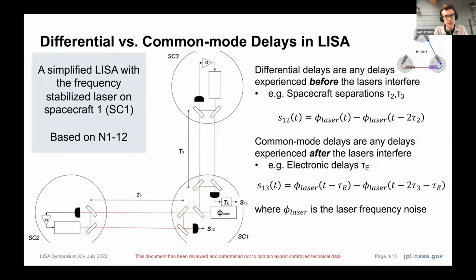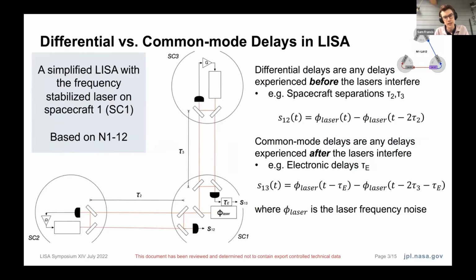For the purposes of this diagram, I've simplified it to only show the hardware that's relevant for the measurement of the Michelson X combination. In this measurement, we have one laser, this frequency stabilized laser in spacecraft 1, and we're sending it along 2 interferometer arms to the distant spacecraft.